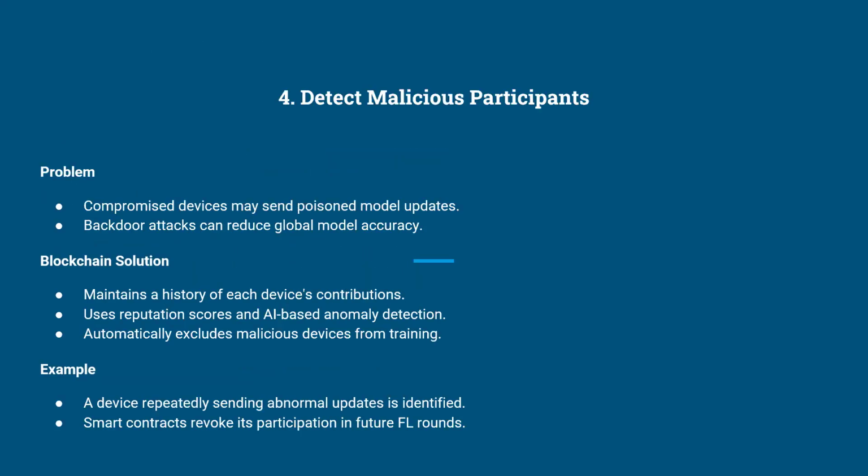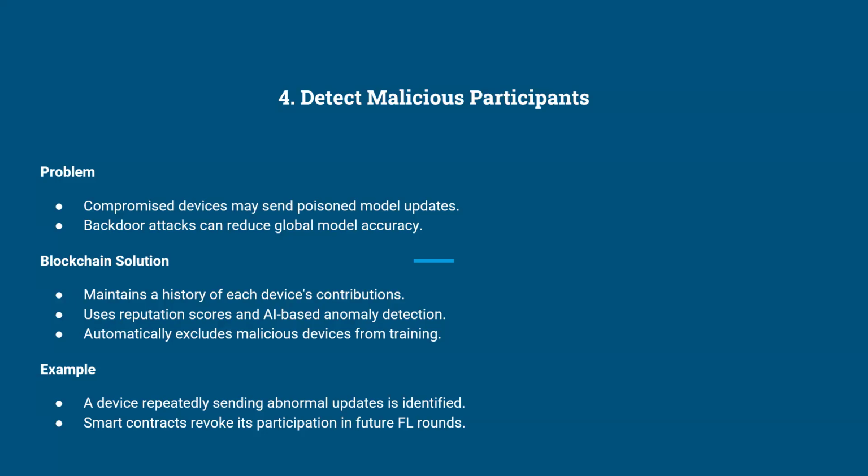Then, detect malicious participants. A compromised device may send poisoned model updates, and backdoor attacks can also be there. Blockchain can maintain a history of each device's contribution, use reputation scores, and AI-based anomaly detection.